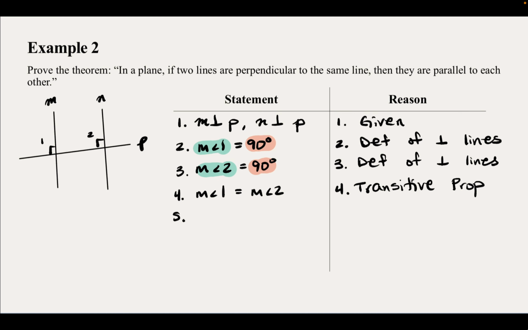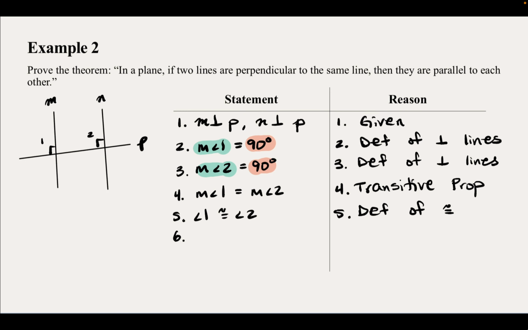Just like in the last problem, I want to make sure that I am in the right world. Measure of angle 1 and measure of angle 2 are in algebra world. I want to bring them to geometry world because the corresponding angles converse says that the angles are congruent, not that the measures are equal. I'm going to say angle 1 is congruent to angle 2, and that is the definition of congruence to bring me back into geometry world.